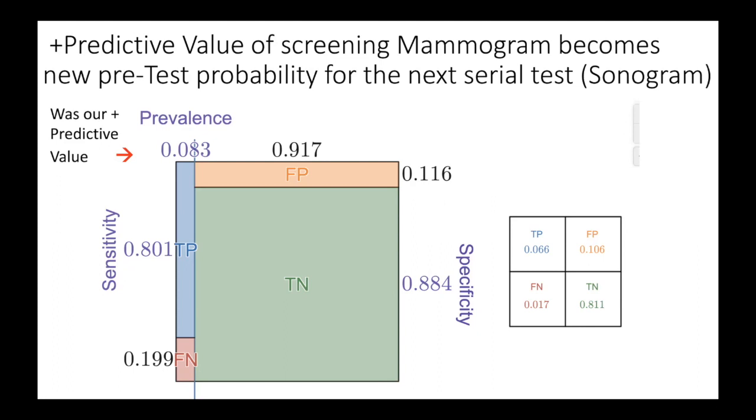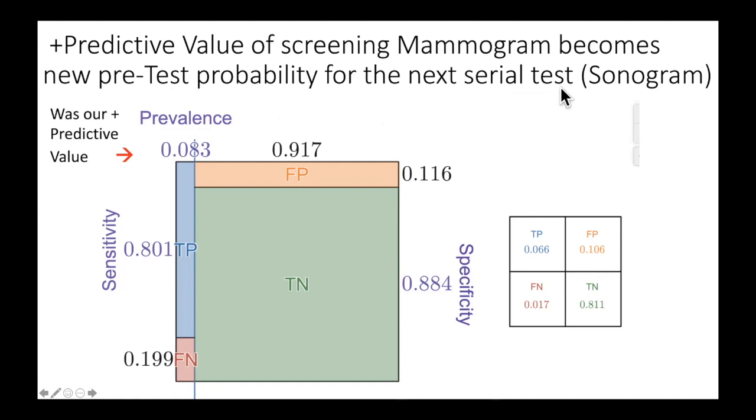Okay, so that's a perfect explanation. That's now gone up, and now that's changed the probabilities. Even though the sensitivity and specificity are pretty low, they're in the 80s for this, that prevalence being high allows us to get a better idea. Go ahead and finish that. So the positive predictive value for the first test becomes the new pre-test probability for the next test.